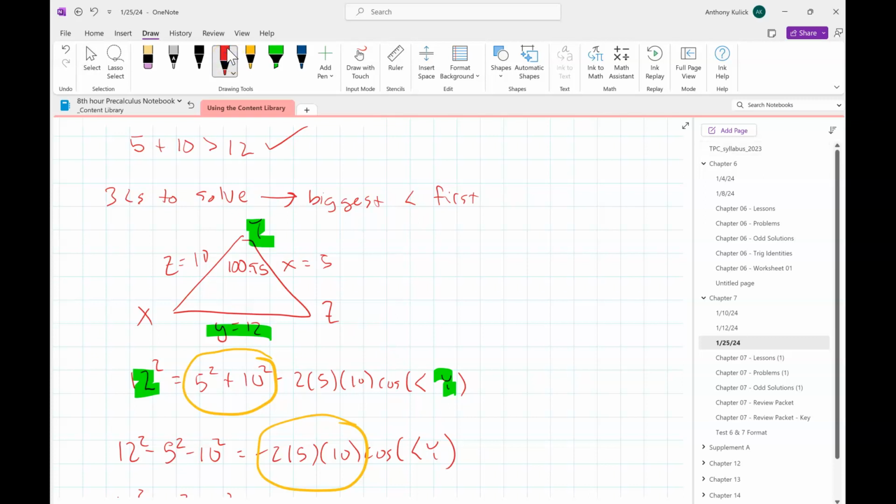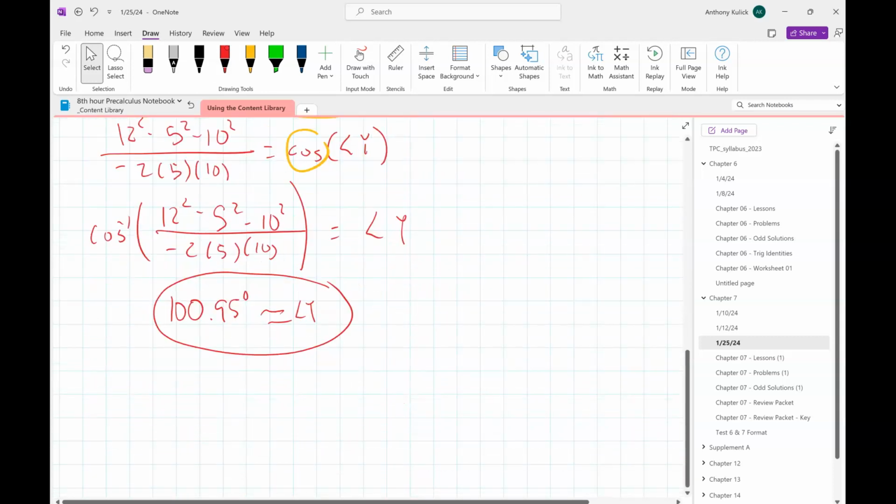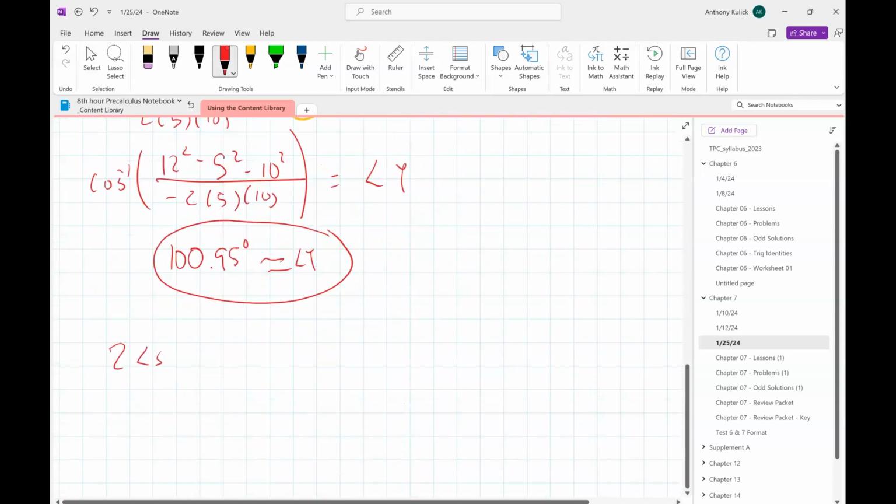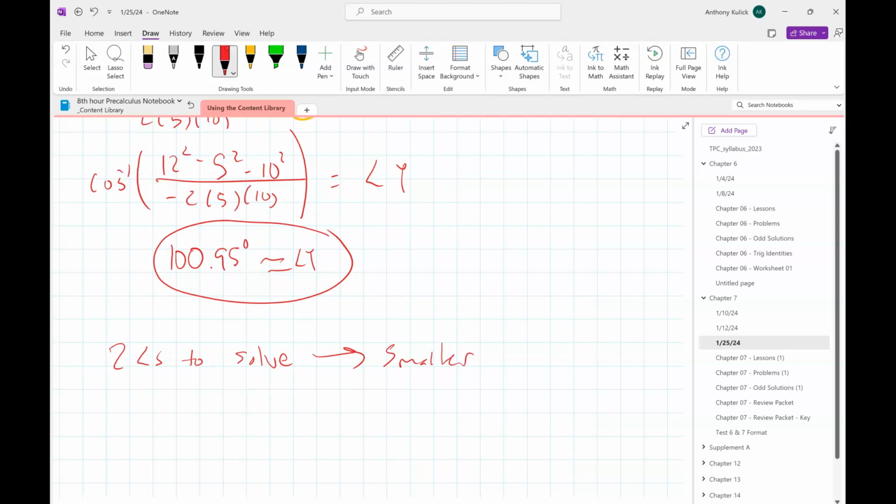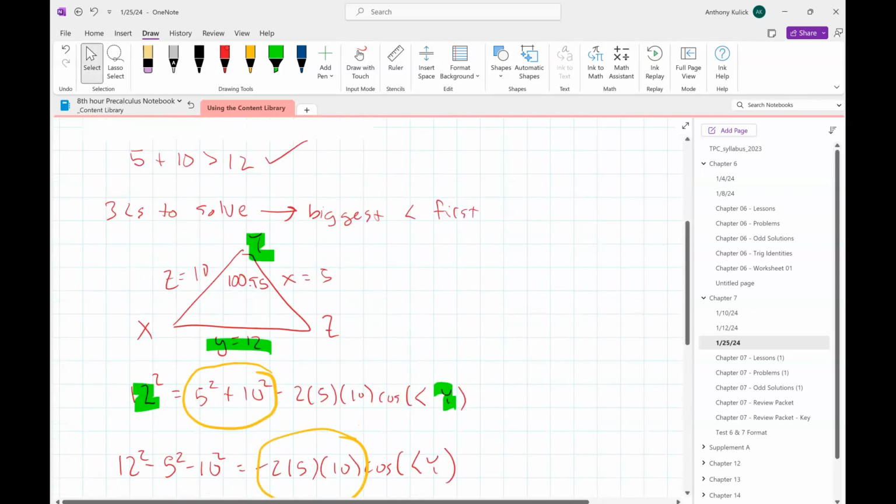Okay, so now we have two angles remaining, right? Which angle do we need to solve for next with two angles remaining? Smaller of the two, yes. So if I go up here, which angle is going to be the smaller, x or z? X, and we know that because the side x is smaller than the side z.